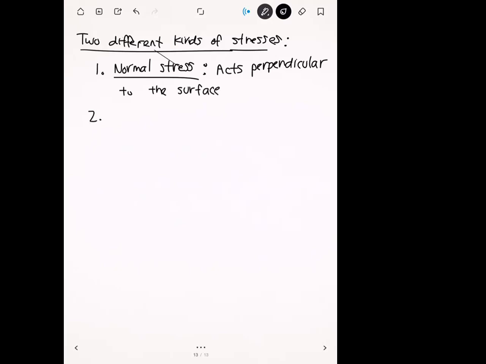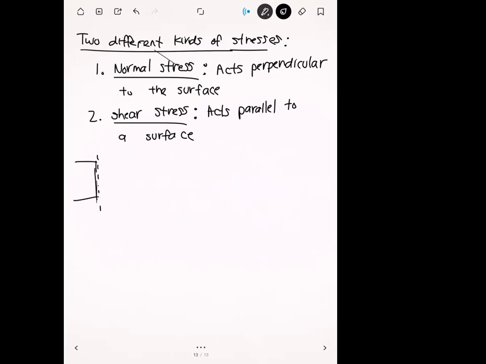The other type of stress that we have is a shear stress. A shear stress will act parallel to the surface. If we draw two examples here, let's say that we have a structure like this.